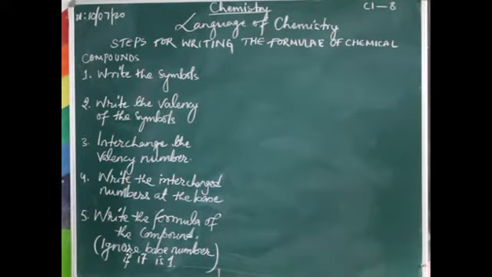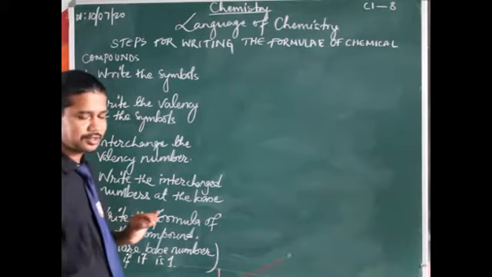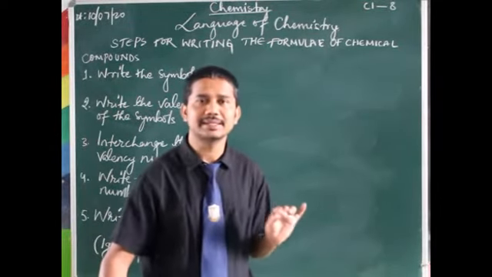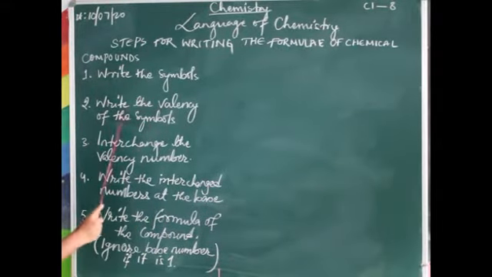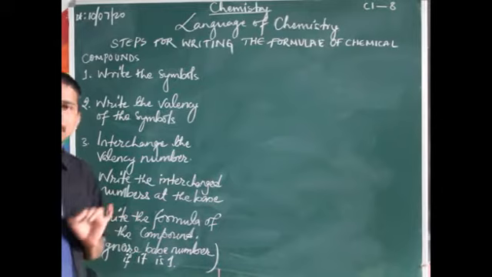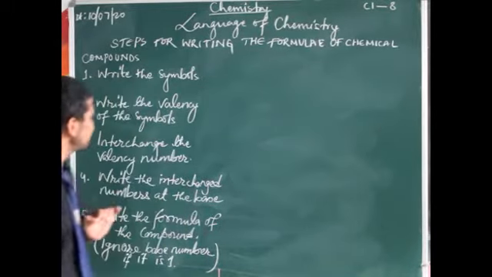Number one, write the symbols. So first thing we do is we write the symbols. Then number 2, write the valency of the symbols. Then we'll be writing the valency of the symbols.